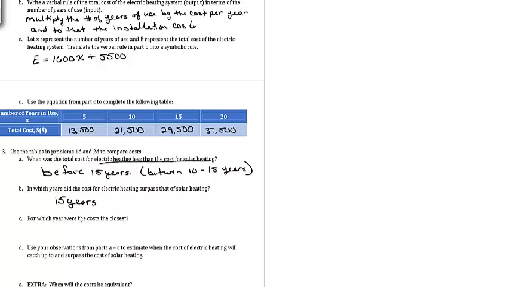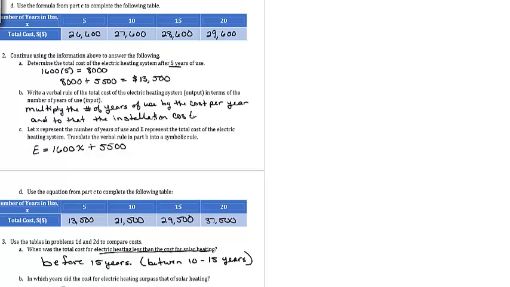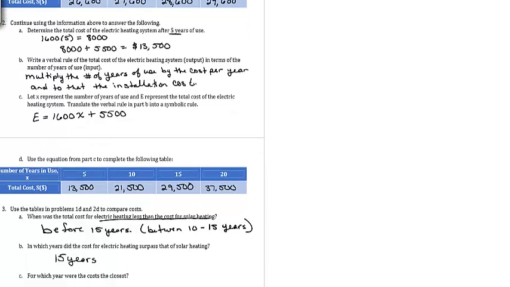For which year were the costs the closest? And when we look at our costs, so they're really far away that first year. The solar is almost twice the amount of the electrical after 5 years. And then here they're getting a little bit closer. They're only about $6,000 apart, but here they're close to $1,000 apart, and here now they're drifting farther apart as we move away, and so around the 15th year.